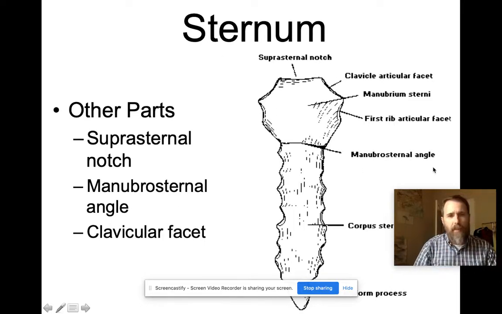Getting into a little bit more detail with the sternum, if you take your finger and touch yourself right here at the base of your neck, you're going to feel that notch. That is the suprasternal notch right there. The point of articulation between the manubrium and the corpus is known as the manubriosternal angle. That would be right here.